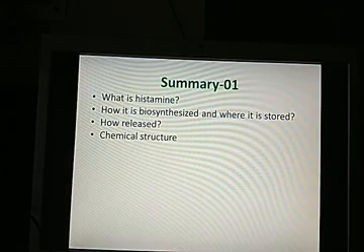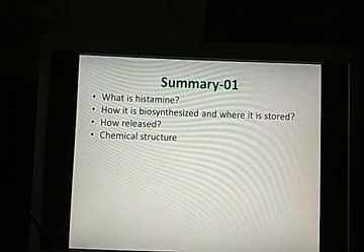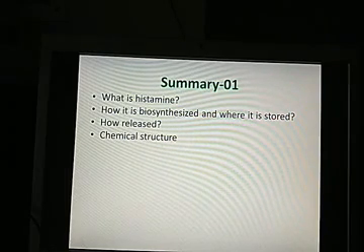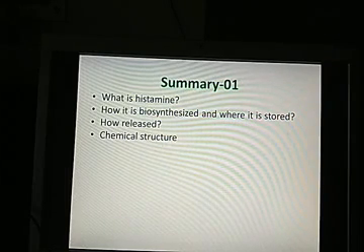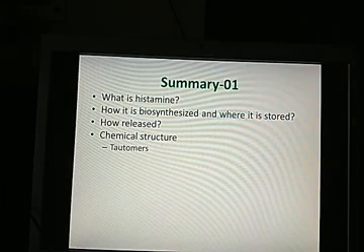Then we discussed the chemical structure of histamine: the nomenclature and the tautomeric forms. We have two tautomeric forms, N-tele and N-pros, depending upon the presence of hydrogen at position 1 or position 3. Then we discussed the metabolism of the tautomers.